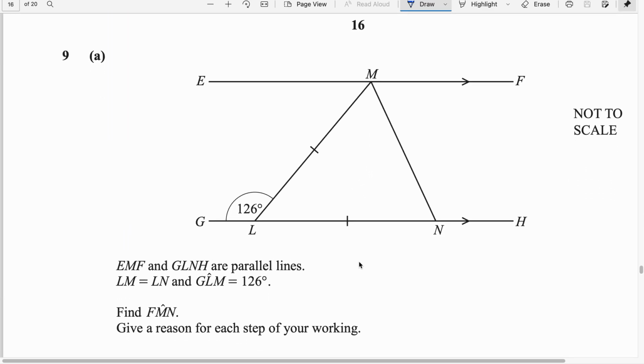Question number 9. EMF and GLNH are parallel lines. This and these two lines are parallel. GLM is 126. Find F, M, and N. This is F, this is M, and this is N. So we need to find this angle.